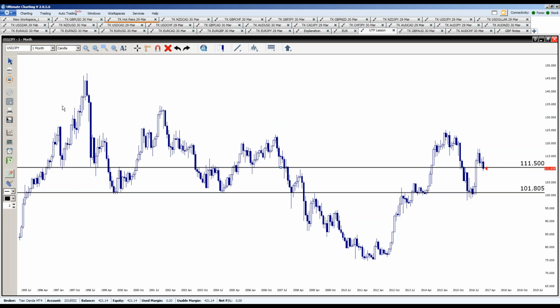There. You agree that's a pivot, eh? Support. Support, support, resistance, resistance, support, resistance, and now support again. Okay? Right?